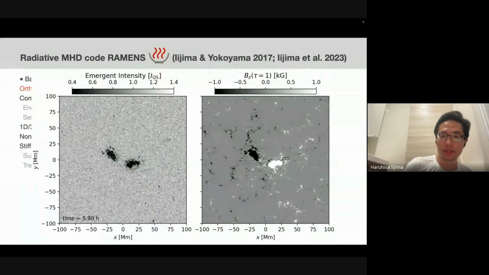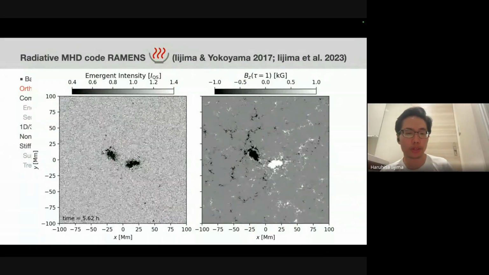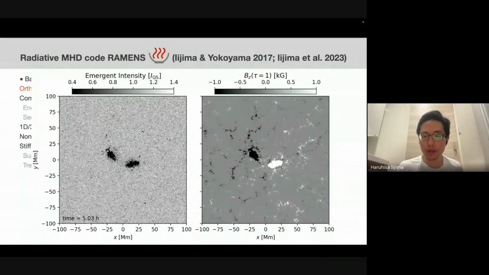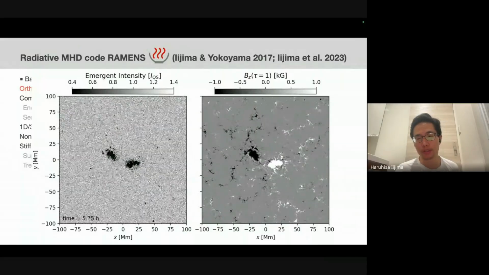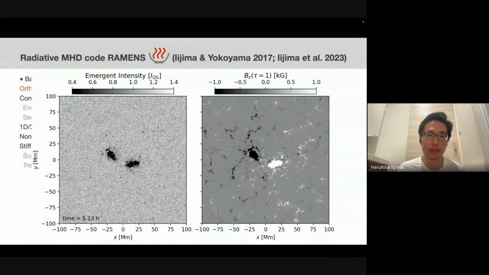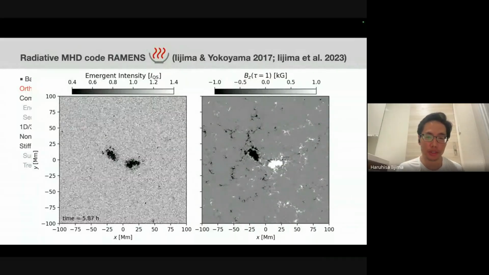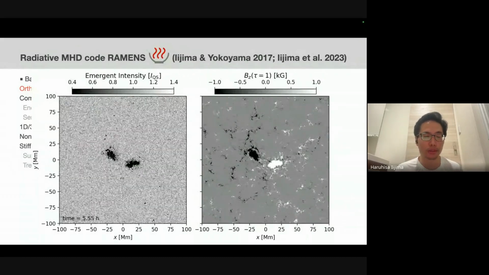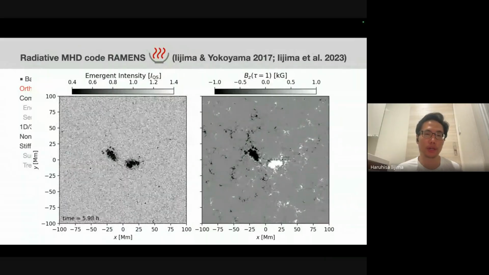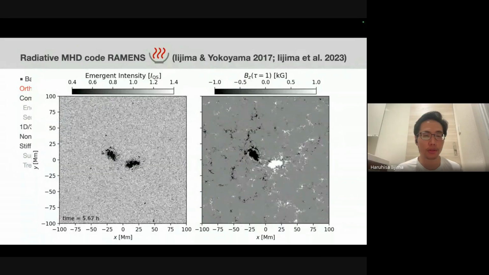And this is one example, the bipolar sunspot simulation. Near the center, we have sunspot structures and many tiny convection patterns surround these sunspots. This kind of simulation can be done in our code.